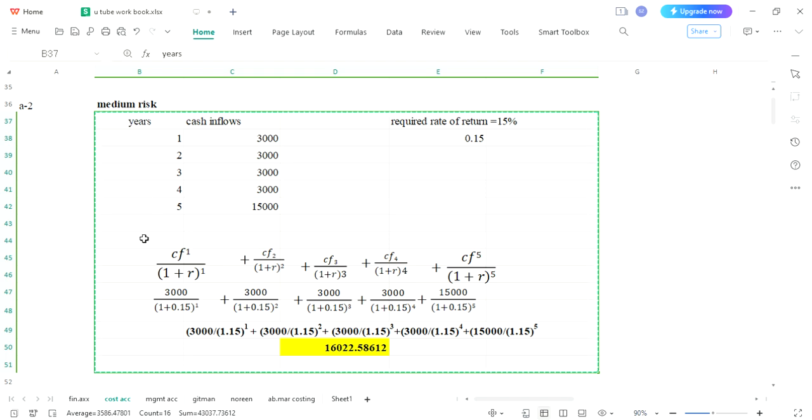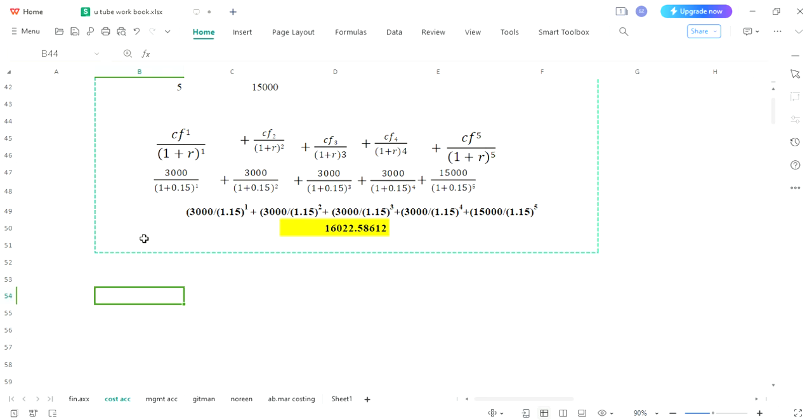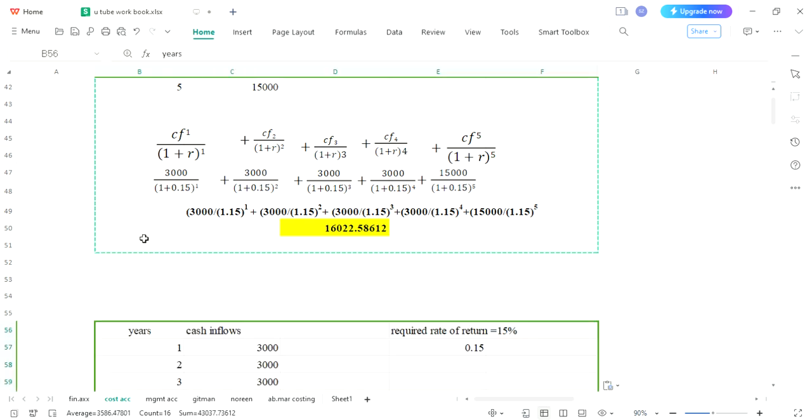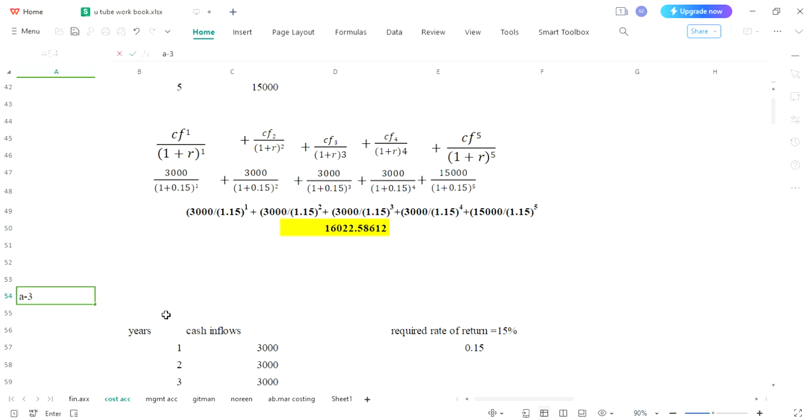Let's get down, and over here you will paste, and this is our third part, that is high risk.